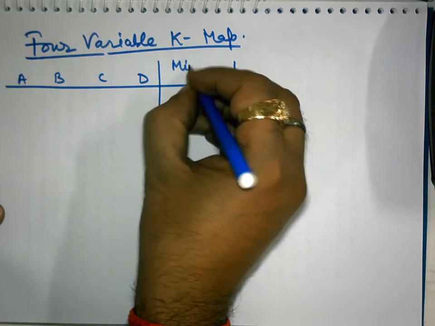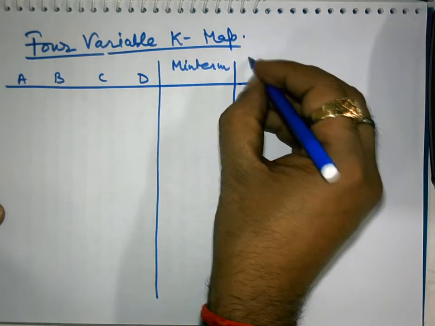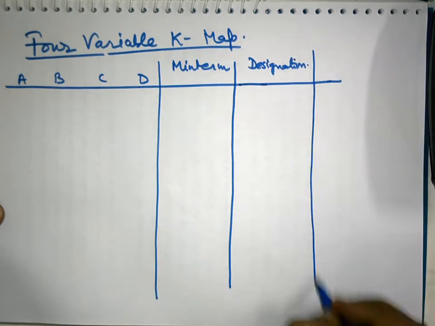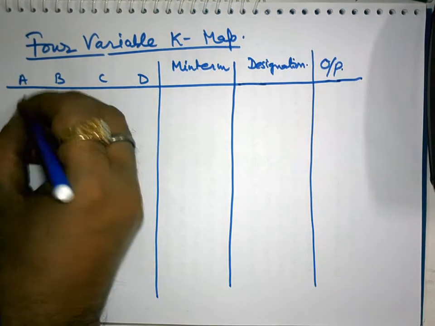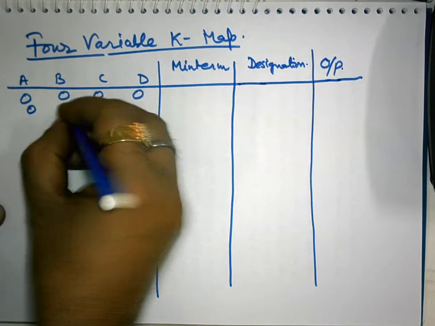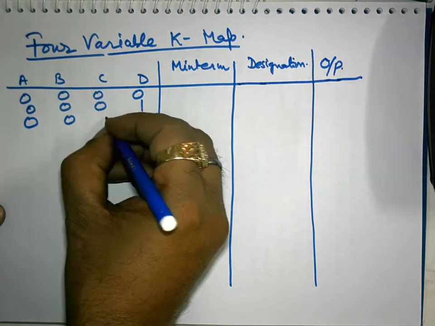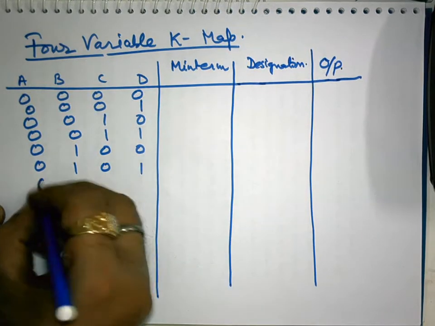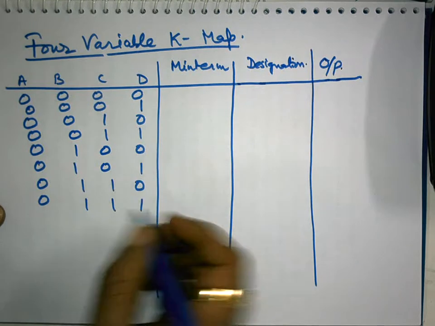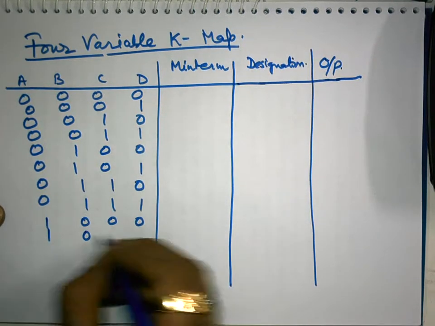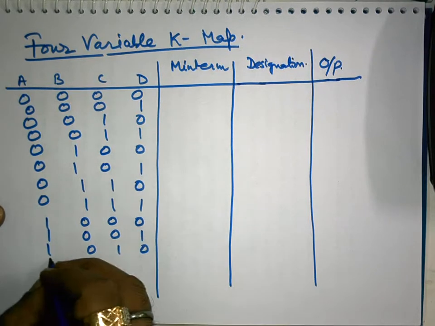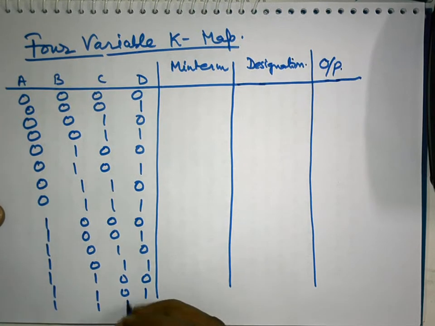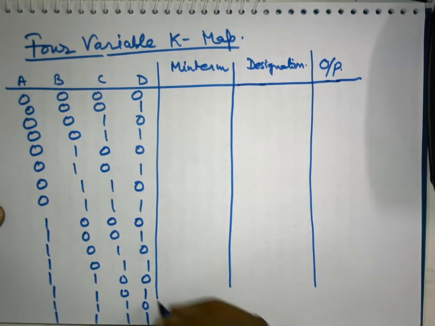Their fundamental products, you can say this to be the min term also, and their designation, and you can also be interested about the output. Okay, so 0000, 0001, 0010, 0011, 0100, 0101, 0110, 0111, 1000, 1001, 1010, 1011, 1100, 1101, 1110, and 1111. Am I right?